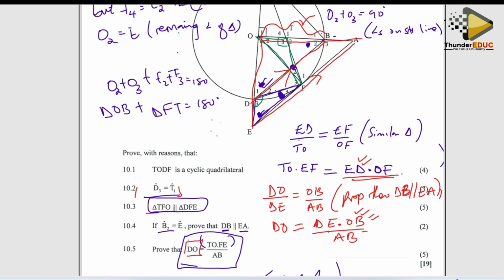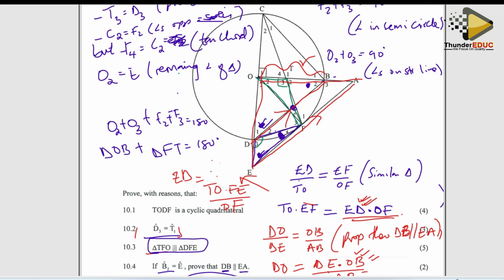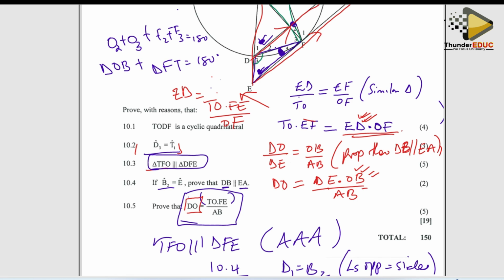And then we also know that OD is also a radius. Where is that taking me? Because I know I have my ED here. So okay, let me make the subject. Because I'm going to have TO times FE divided by FO. Okay, that's fine. It makes sense.